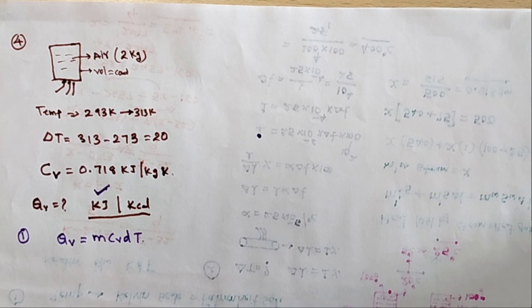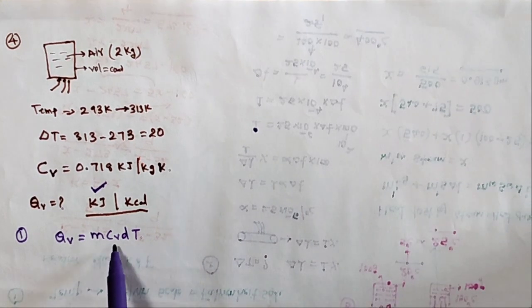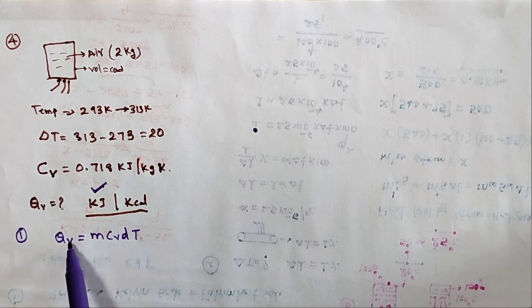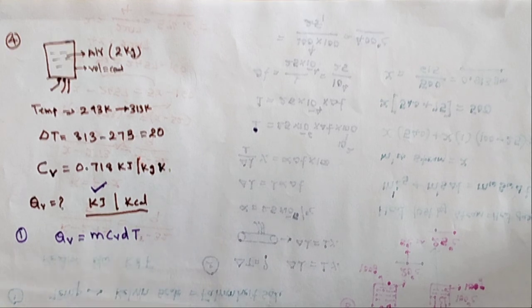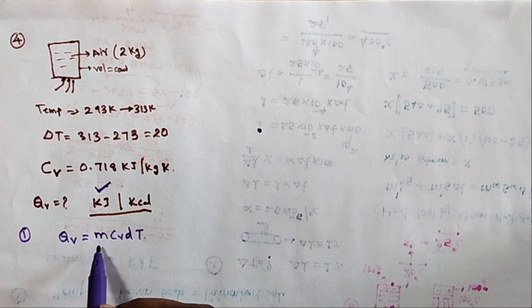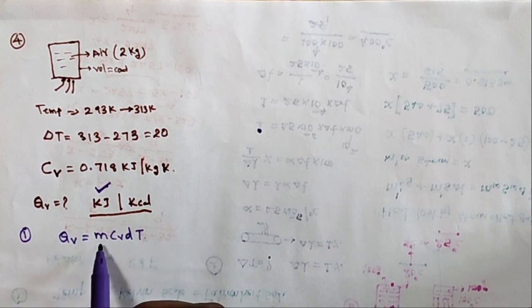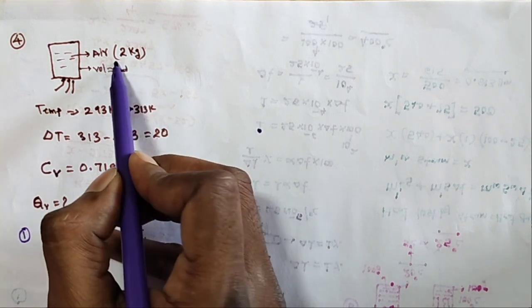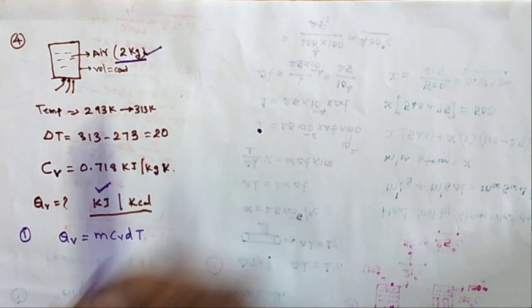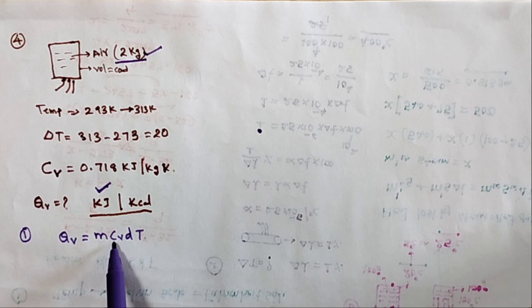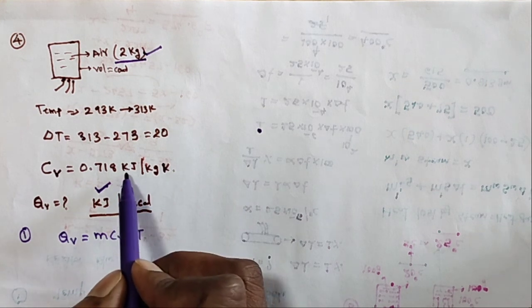Already in the previous videos the formulas are given. Specific heat C_V is equal to Q by m dT. Substitute values. What is m? First check whether all are the same units or not. m is 2 kg. And C_V is in kilojoules.